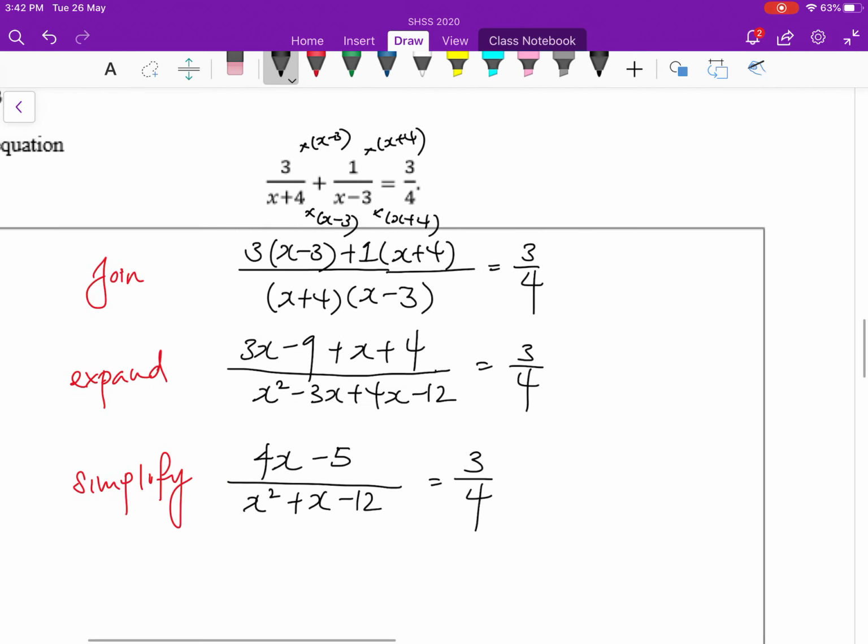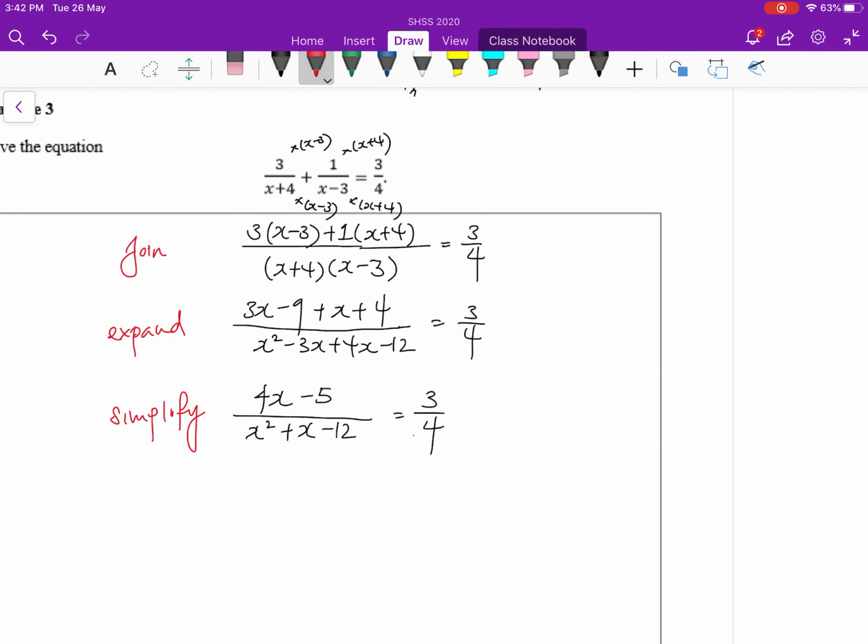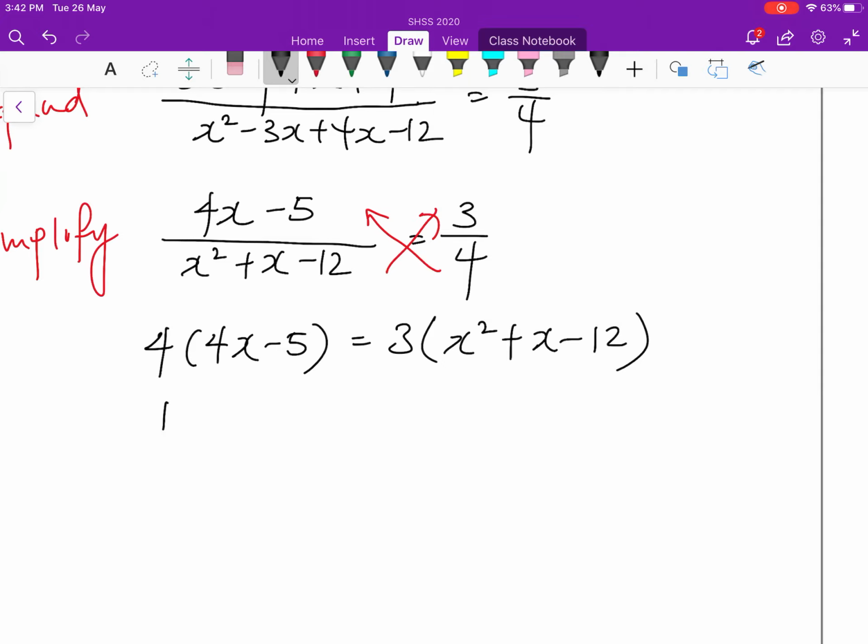There you go, fraction equals to fraction. What you do is cross multiply. 4 bracket x minus 5 equals to 3 bracket x squared plus x minus 12. Simplify. 4x minus 20 equals to 3x squared plus 3x minus 36.